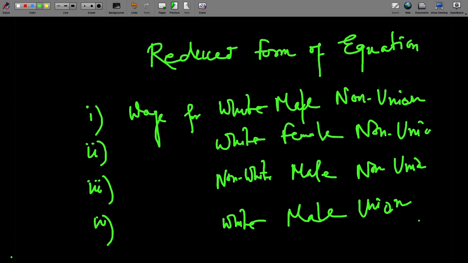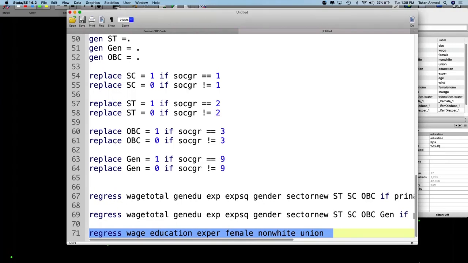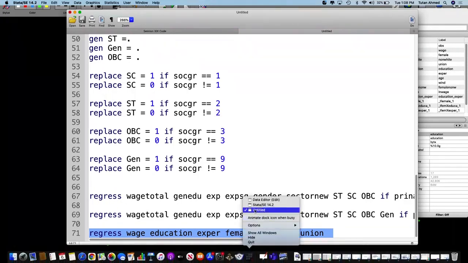And how do I do that? I will get the equation here. What is my equation going to be?